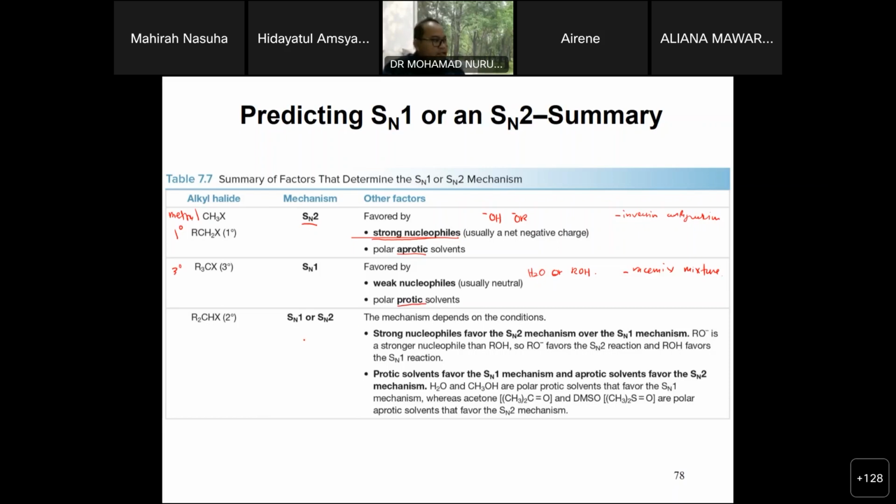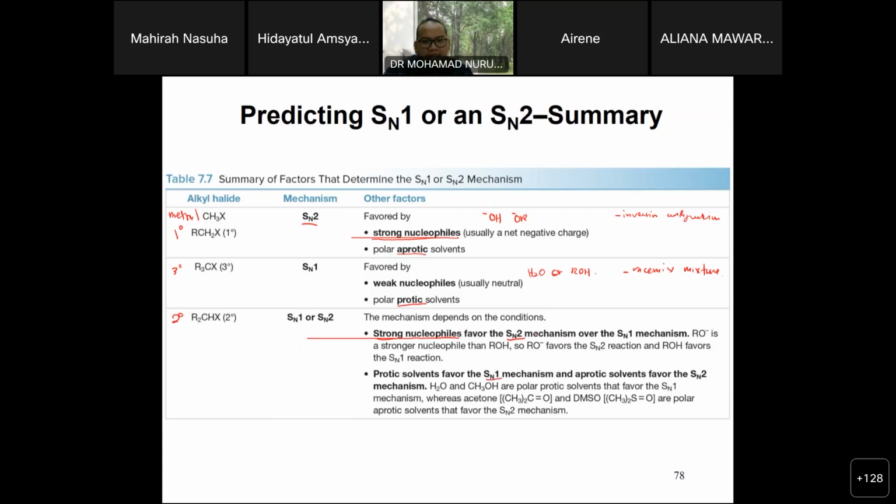And it is usually paired with polar protic solvent. For secondary, there can be SN1 or SN2 reactions, but it depends on two things. The first one is the nucleophile: a strong nucleophile favors SN2 reactions. For polar protic solvent, it favors SN1 reactions.